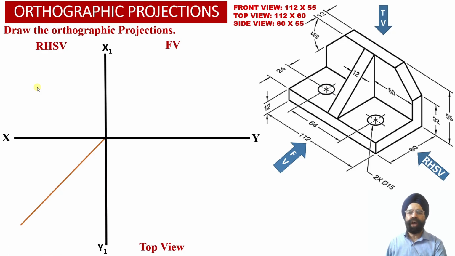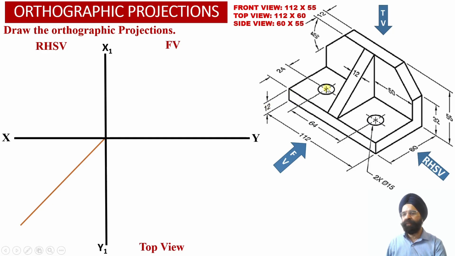Now when we evaluate the construction of this engineering object, we can divide it into three elements. Element number one is a horizontal web lying at the base of the solid, having width equal to 112 millimeter, depth equal to 60 millimeter, and height equal to 12 millimeter.